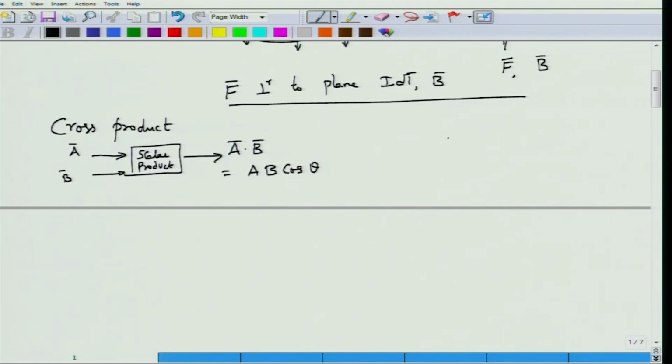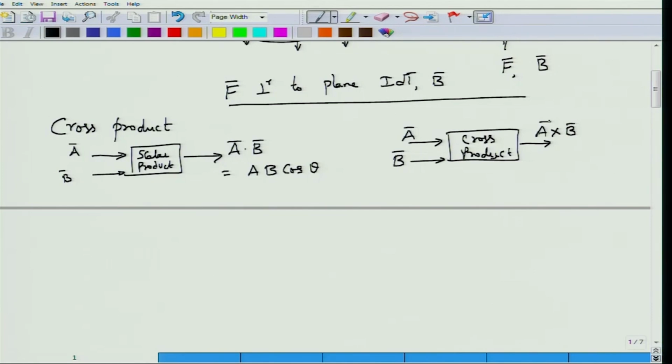Now, a cross product is a different beast altogether. The output of a cross product is not a scalar, it is a vector. So, you still take 2 vectors as inputs, they may be oriented in any direction, there would be a certain angle between the 2 orientations, and then the result of the cross product will be a vector.